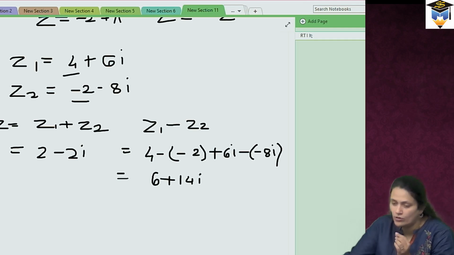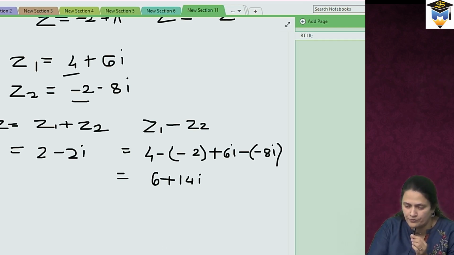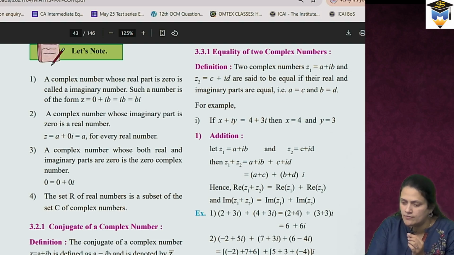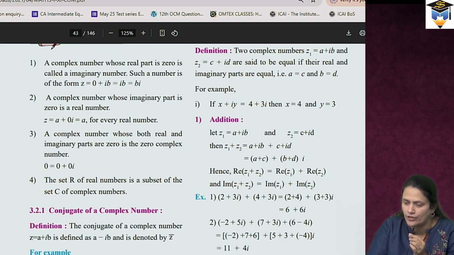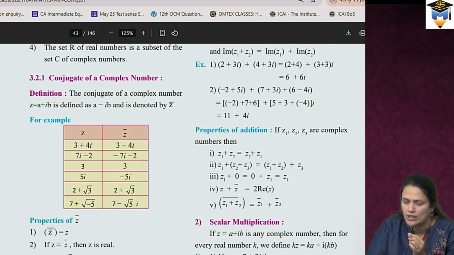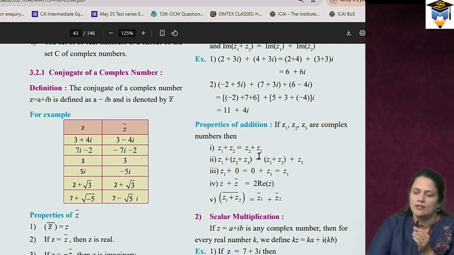Now let us go through the properties which are given over here. These are the properties of addition. I think in 9th or 10th standard maybe, there were a few properties called commutative property and associative property. Have you heard of these properties?